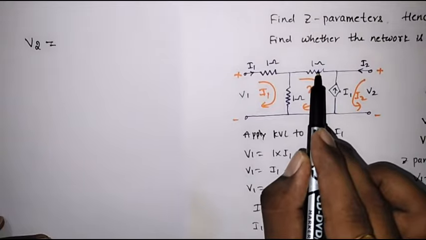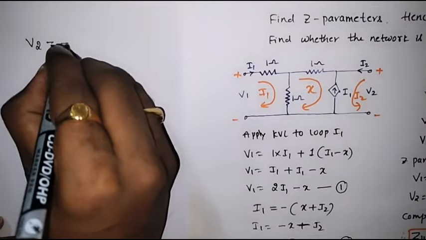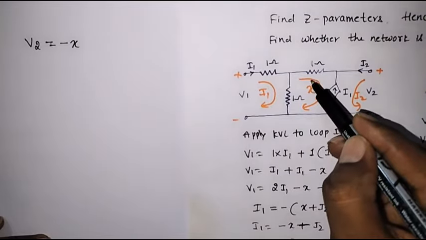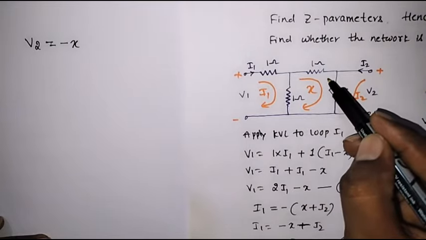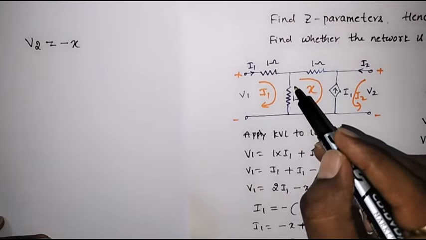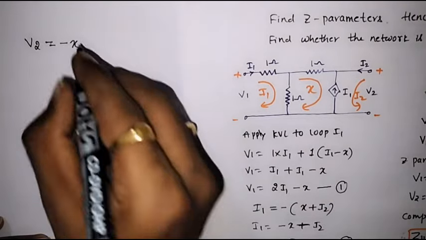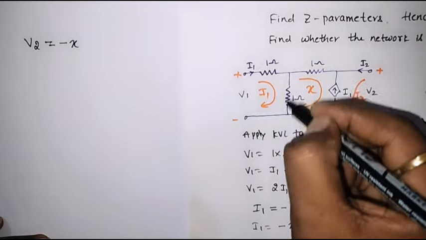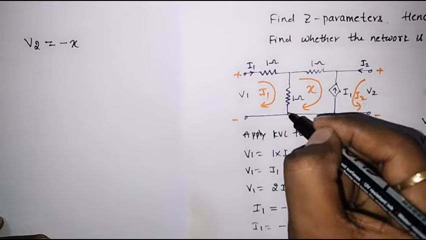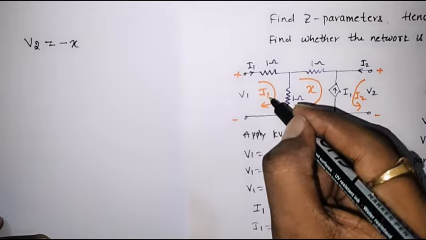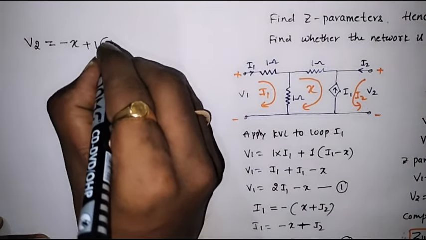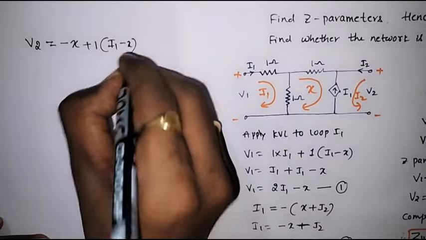So the voltage drop across the 1 ohm resistor is minus X, because we are moving in this direction but X is opposite to our direction. Now the voltage across the 1 ohm resistor, we are supposed to consider the current which is flowing from top to bottom. Here I1 is flowing from top to bottom, so we have to consider I1 as the dominant current. I can write it as 1 into I1 minus X.